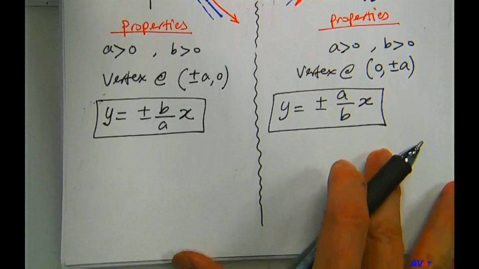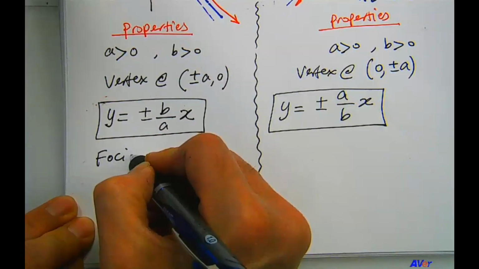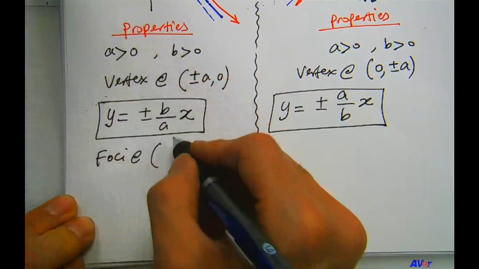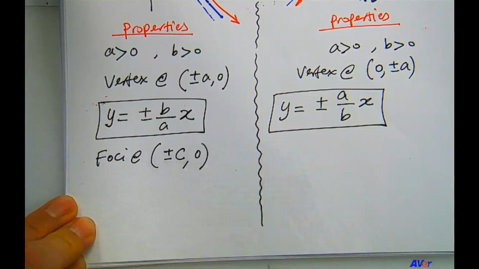And the focus points, or the foci, for the horizontal hyperbola are at plus or minus C comma 0.